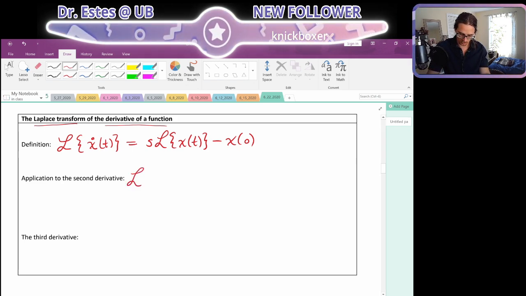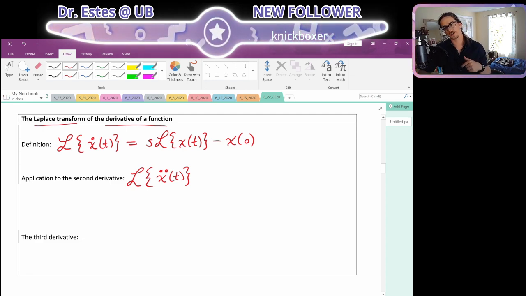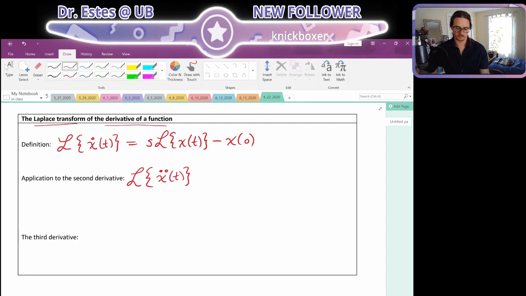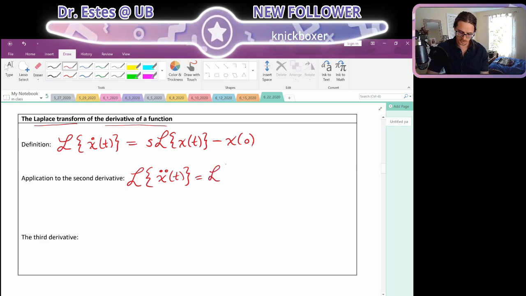Now, this is kind of cool. What if I want to take the Laplace transform of the second derivative of something? Well, it turns out you can use the same definition from up above, because recognize that this second derivative of x is the first derivative of the first derivative of x. Like what I'm saying is this is the same thing as d/dt of x dot of t.